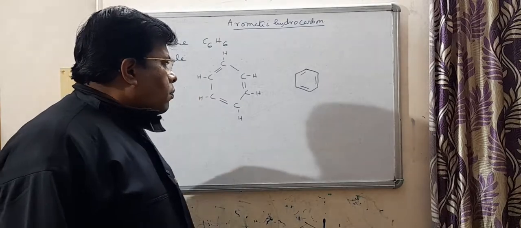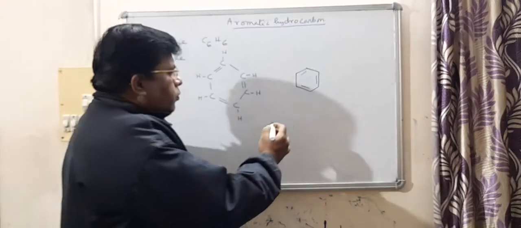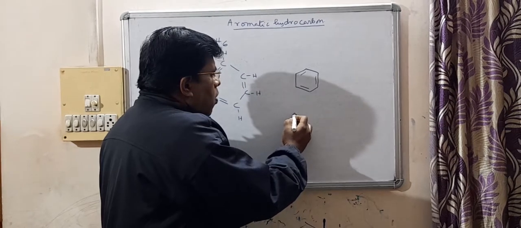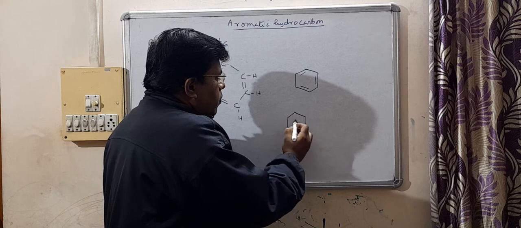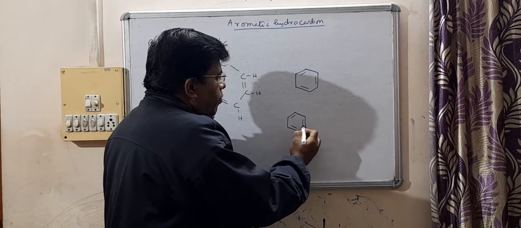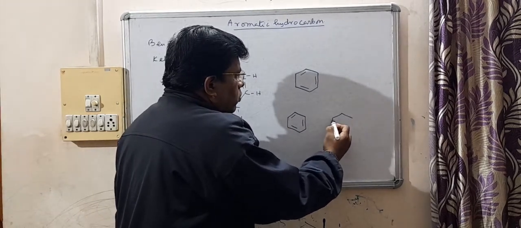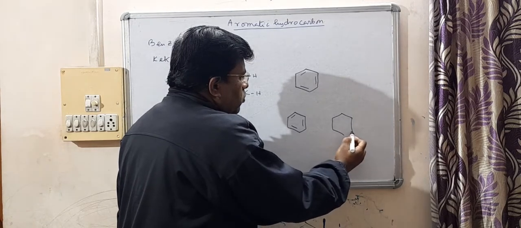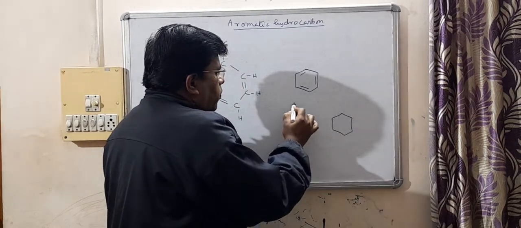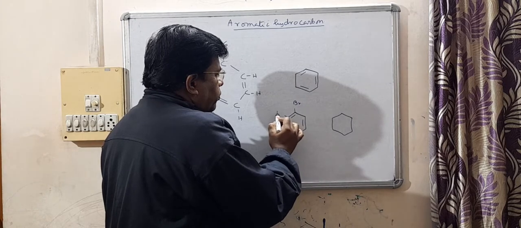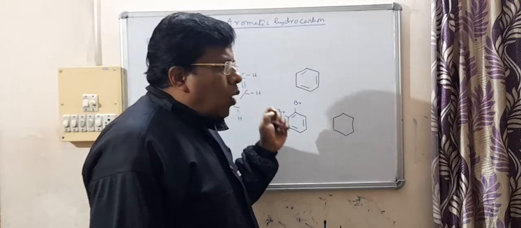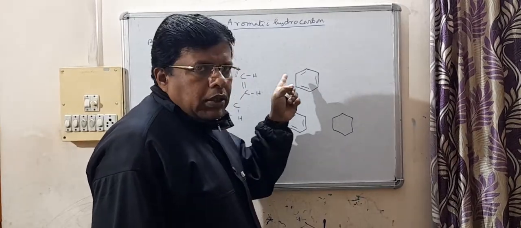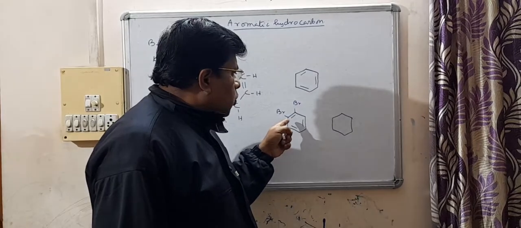Now there is a problem with this structure, because, you see, suppose we consider 1,2-dibromobenzene. This is 1,2-dibromobenzene.